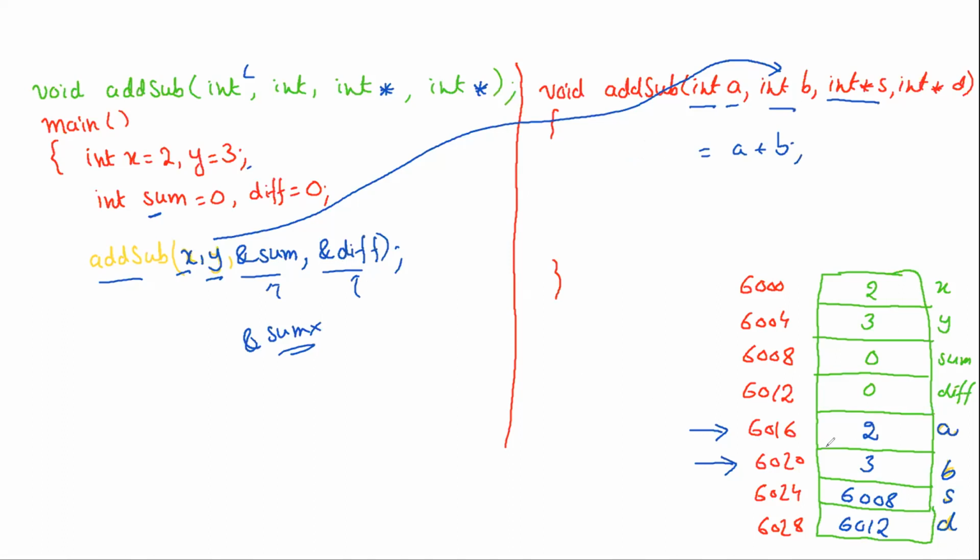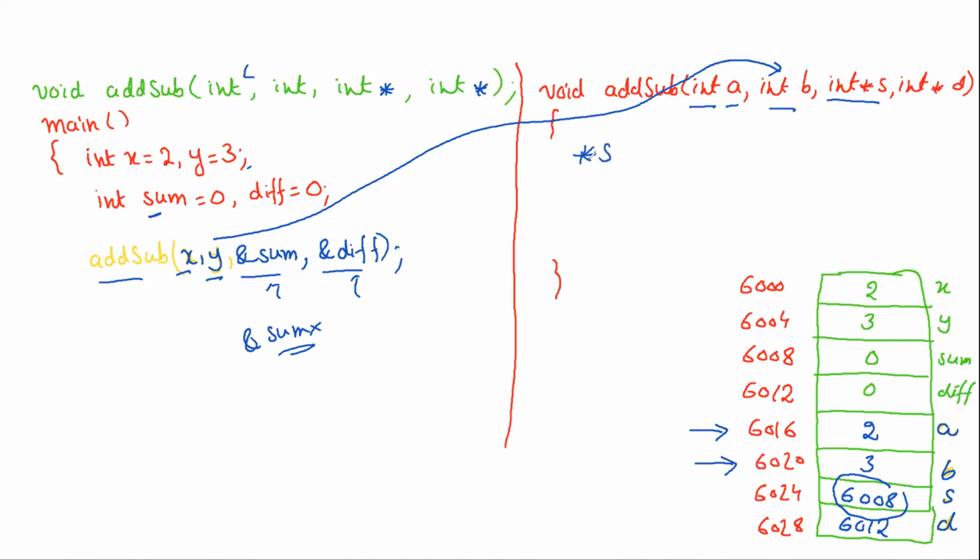Now we don't have the variable sum, but we have this address 6008. So somehow using this address or s, we have to assign it a value. If you remember from your previous discussion, we said that you can access the value by dereferencing a pointer using this star operator. If I write this, what is this?